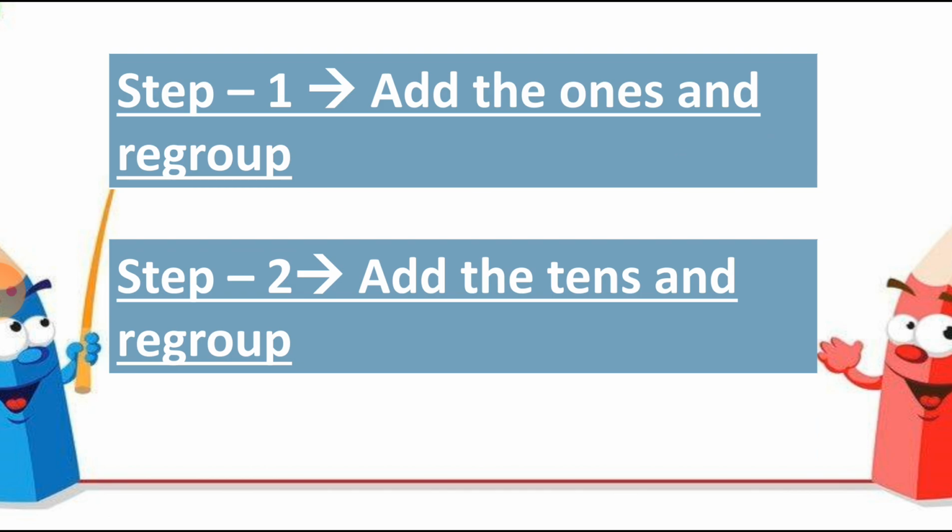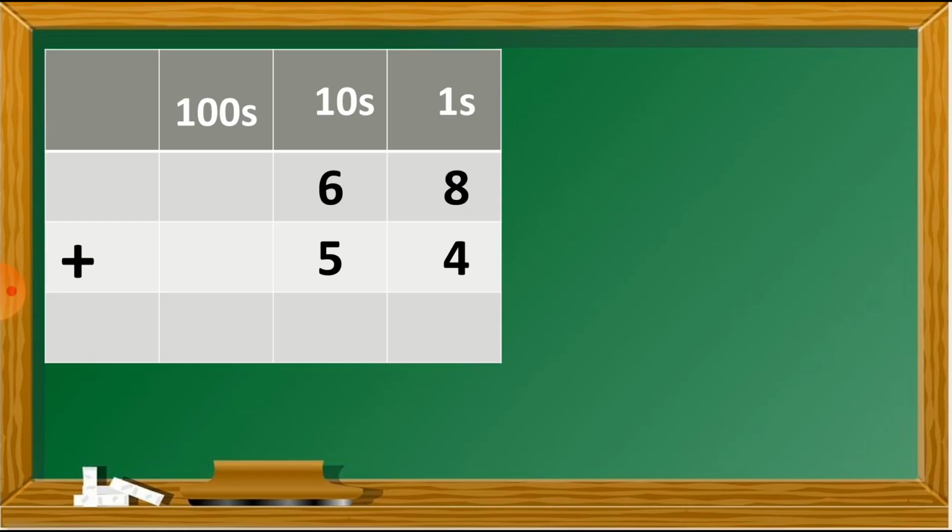So we are regrouping twice: two times we have to regroup in one sum. In the ones column we have to regroup, and also in the tens column. Let's see how we can regroup these sums two times. Here is one example for you, students.